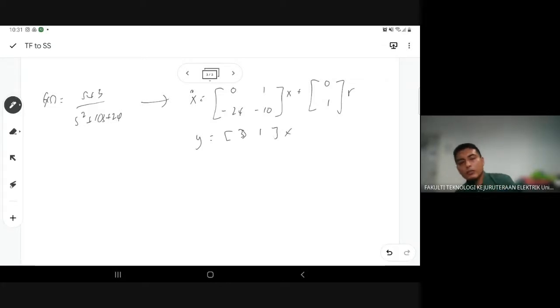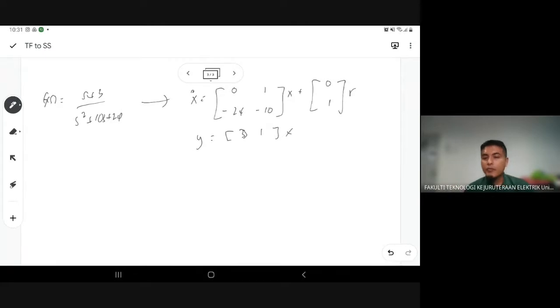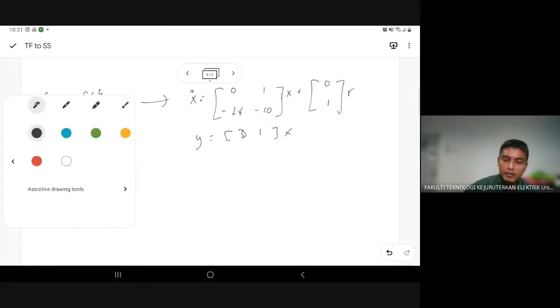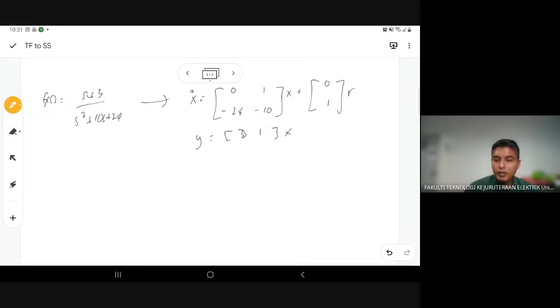So to do the shortcut way, you must know the basic form of the PPF.